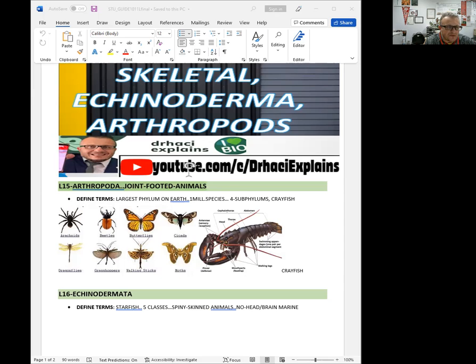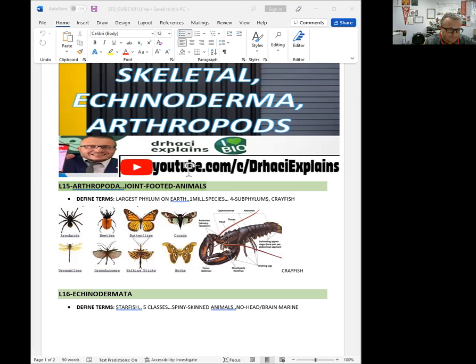Crustacea includes crayfish, crabs, shrimp, and barnacles. Myriapods include centipedes and millipedes. Chelicerates include spiders, mites, ticks, scorpions, and horseshoe crabs. Hexapods, which is the biggest class, are the insects: beetles, bees, fleas, bugs, grasshoppers, and butterflies.